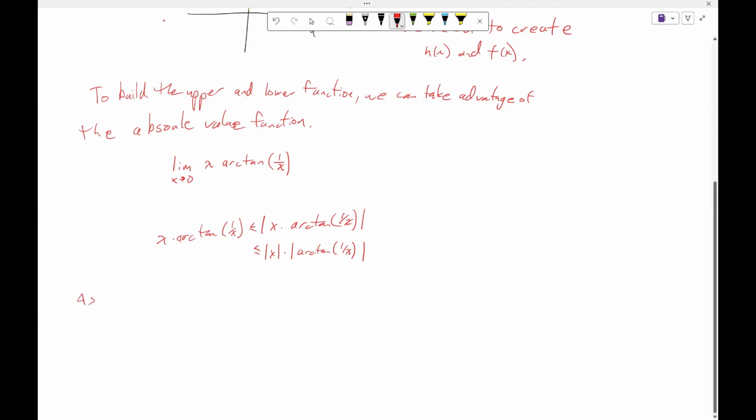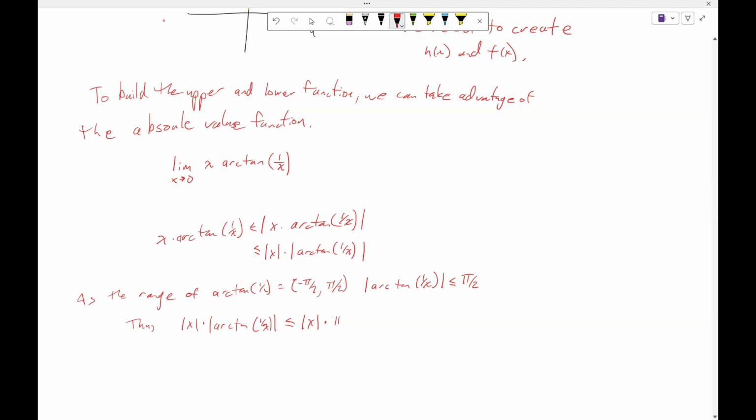As the range of arctan of 1 over x is minus pi by 2 to pi by 2, the absolute value of arctan of 1 over x is less than or equal to pi by 2. Thus, the absolute value of x times the absolute value of arctan of 1 over x is less than or equal to the absolute value of x times pi by 2.